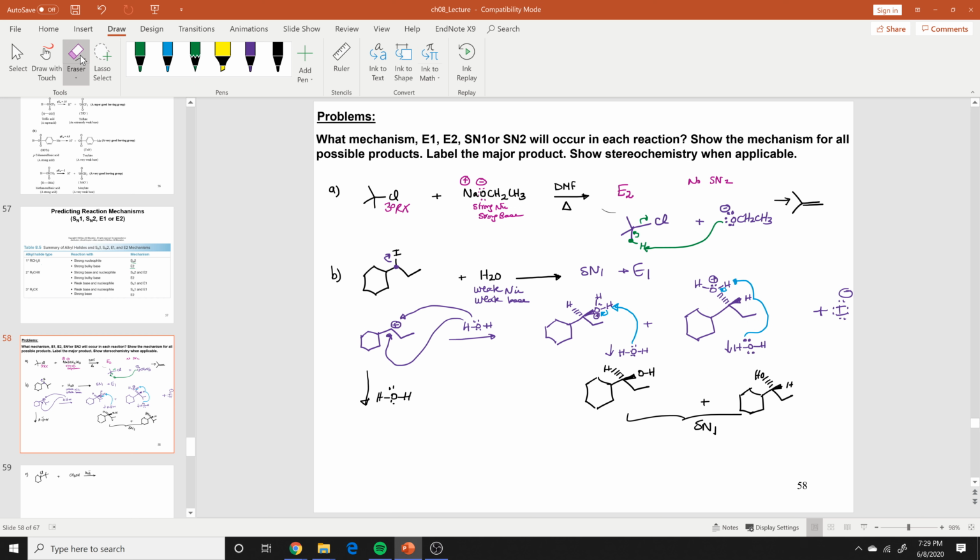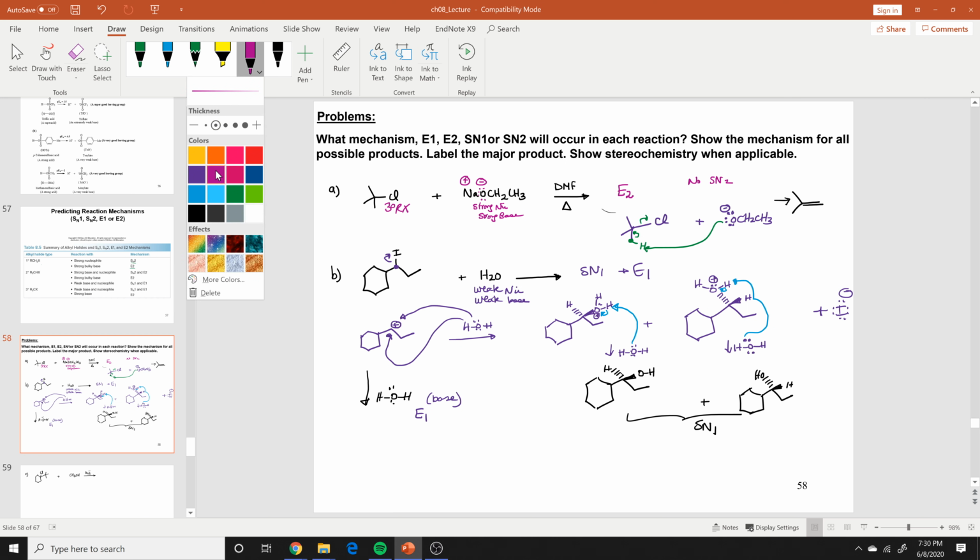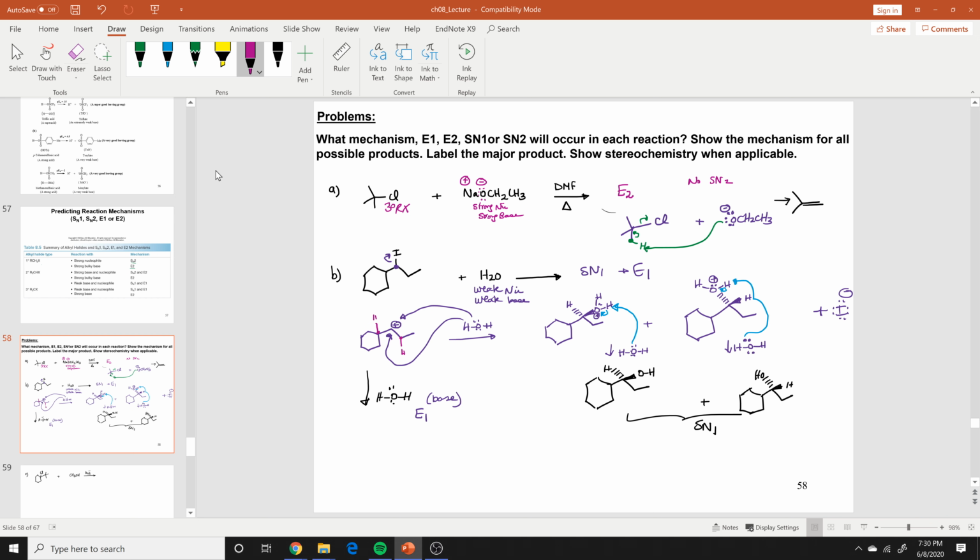So water here can act as a base, and if water acts as a base now, then my mechanism is going to be an E1 mechanism. So that base now is going to come. How many beta hydrogens do I have? This is one beta hydrogen, and this here is another beta hydrogen. You see that? Two beta hydrogens.